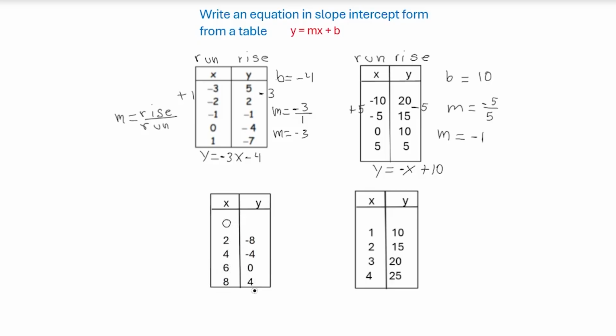Same thing here: 4, 0, -4, -8. That means this has to be -12. Okay. So now that you have 0, this is going to be the y-intercept. The y-intercept is going to be -12.